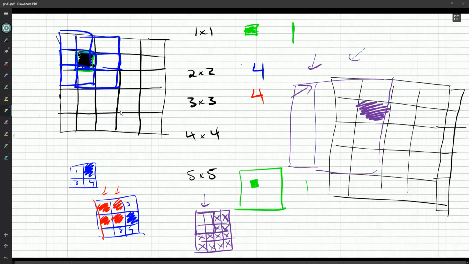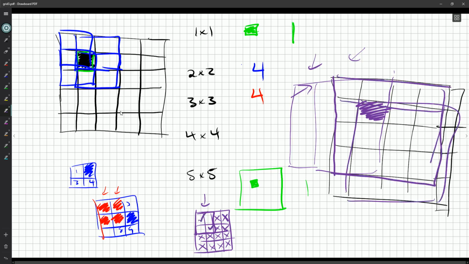Okay. But you do have to check that each one of these does work. Okay. So yes, we can get this one, and we can get this one. Shift over a bit. You get this one, and you can get this one as well. So yeah, we do get all four there.